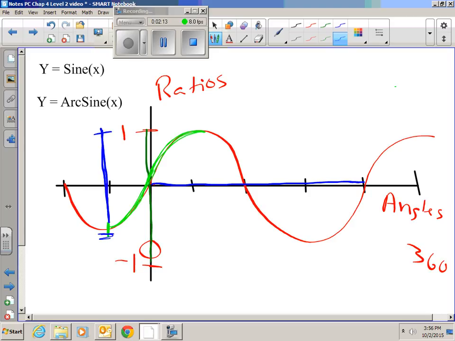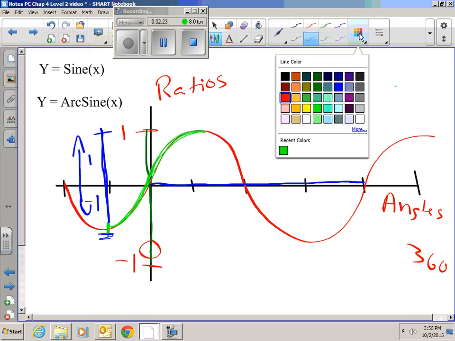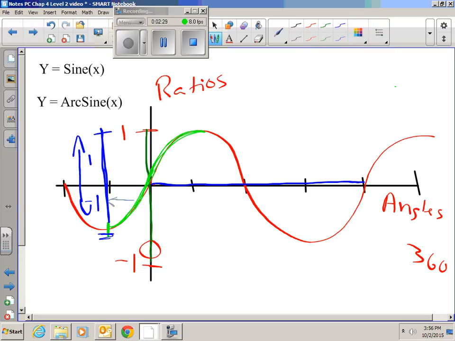Let me do this in a different color, gray. My angles now go from -90, which is the fourth quadrant, all the way up to 90 in the first quadrant. So notice that the arcsine curve takes a piece of the sine curve, where my angles go from -90 to 90, and my ratios go from -1 to 1.